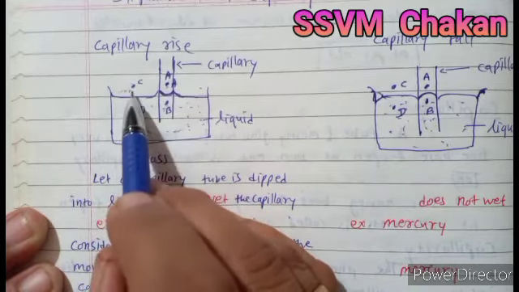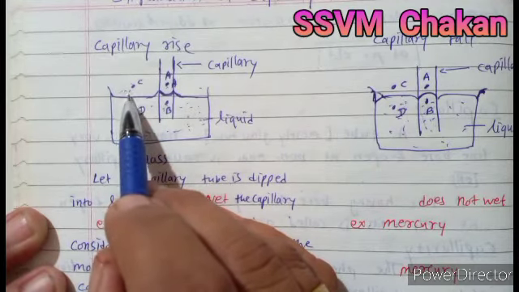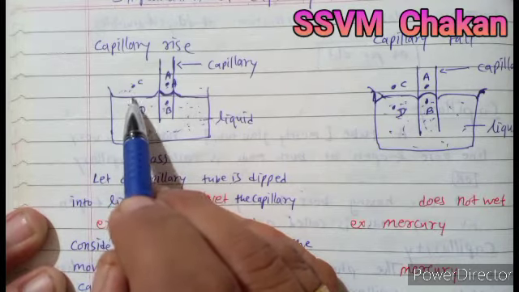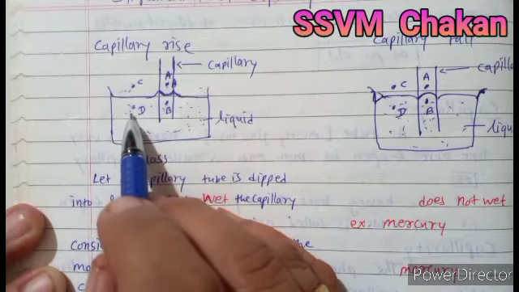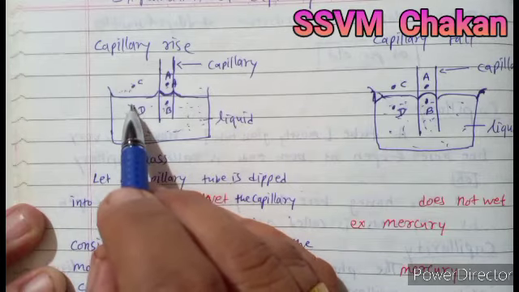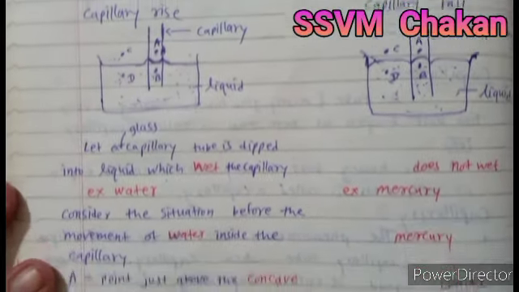Third point, above the free surface of the liquid but outside the capillary. Fourth point, also outside the capillary but in the liquid near the free surface of the liquid.